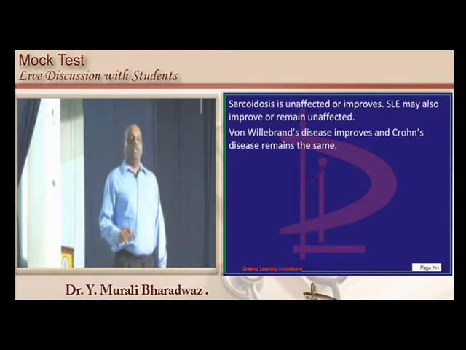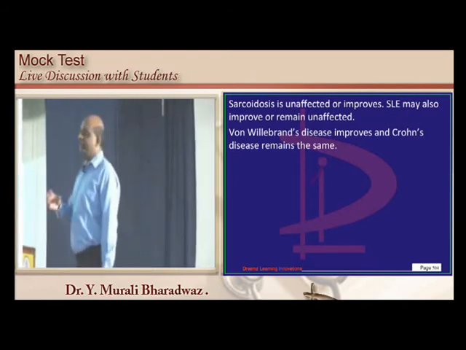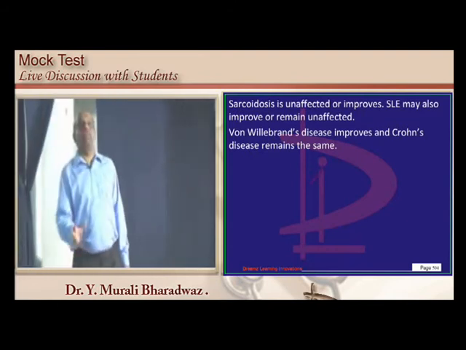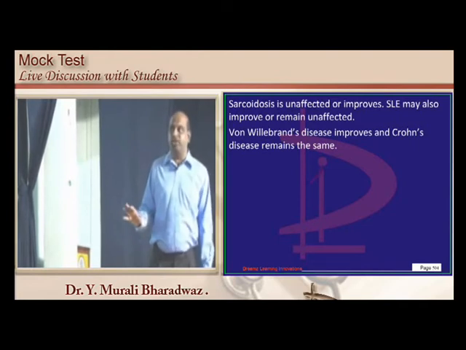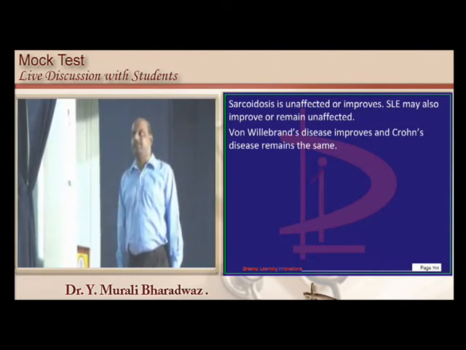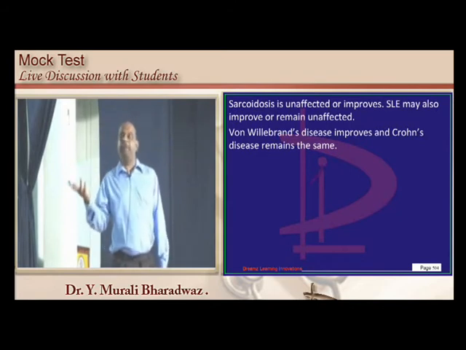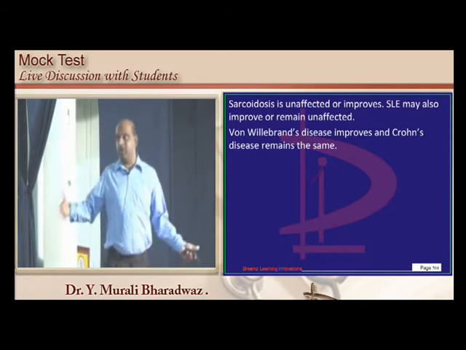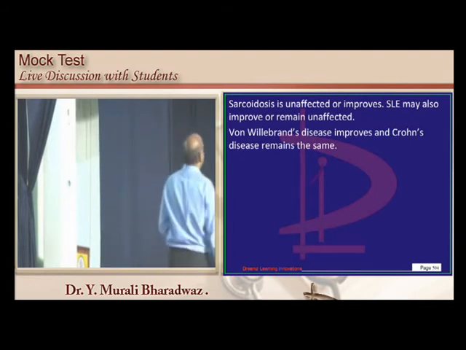One more thing, if you take rheumatoid arthritis and SLE, there is good news for the rheumatoid arthritis patient, though bad news for SLE: rheumatoid arthritis, an autoimmune disorder, will improve in pregnancy, but SLE will have a flare-up in pregnancy. Both are autoimmune in nature, that's a fundamental difference.